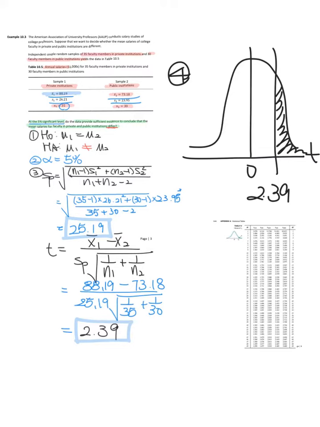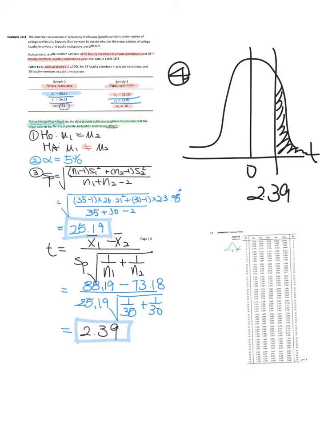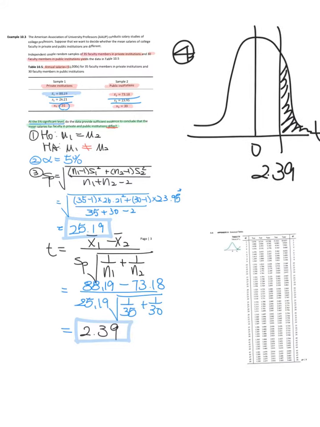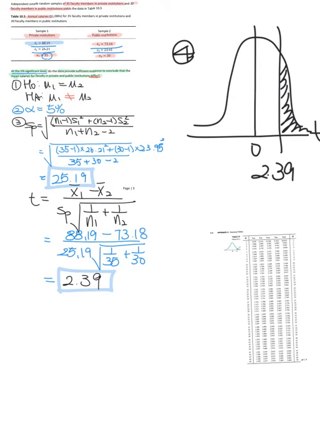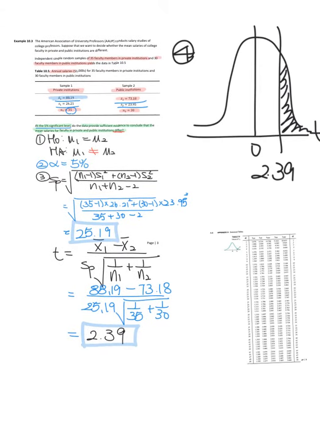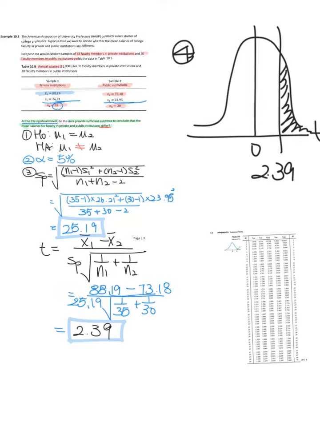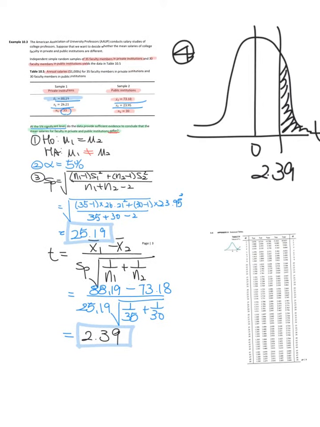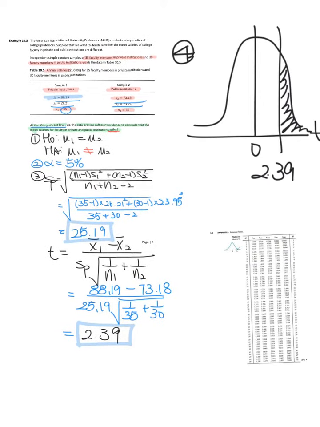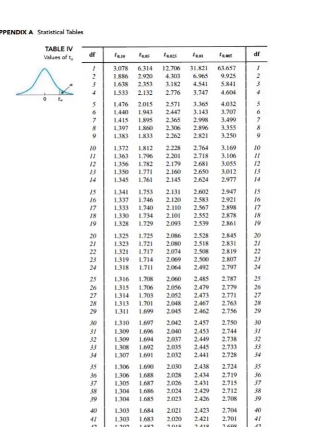Okay, here's the t-table. What do we need? Take the p-value from the t-table. First, we need a degree of freedom.